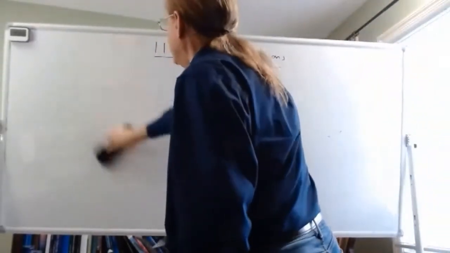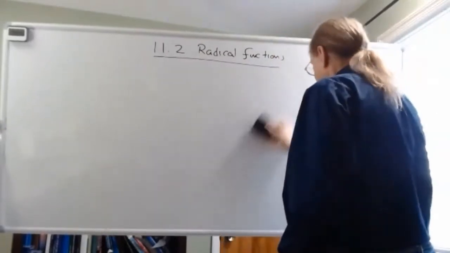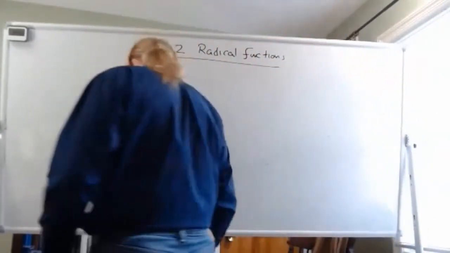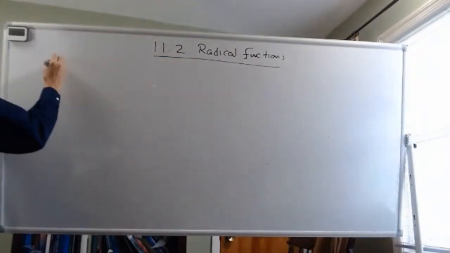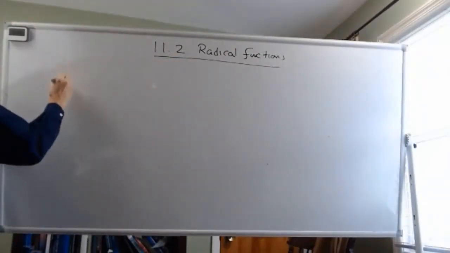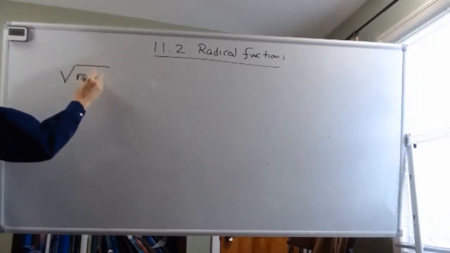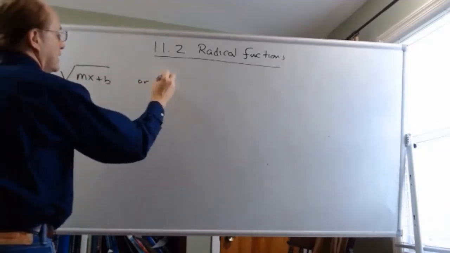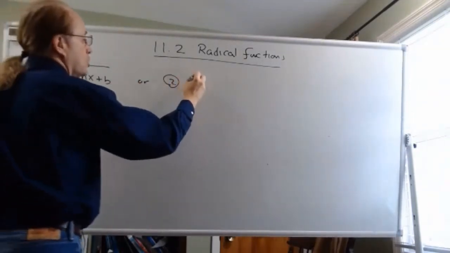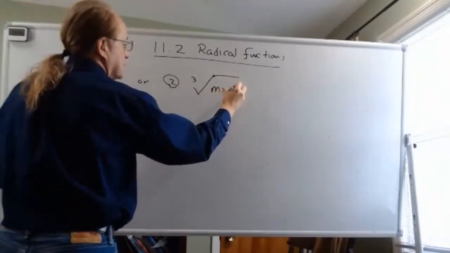They're going to be either the square root or the cube root of a linear polynomial. So we're going to either look at the square root of some mx plus b. That's one type of problem. Or we'll look at the cube root of mx plus b.